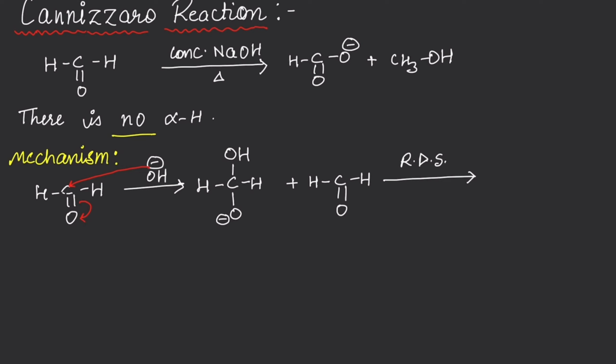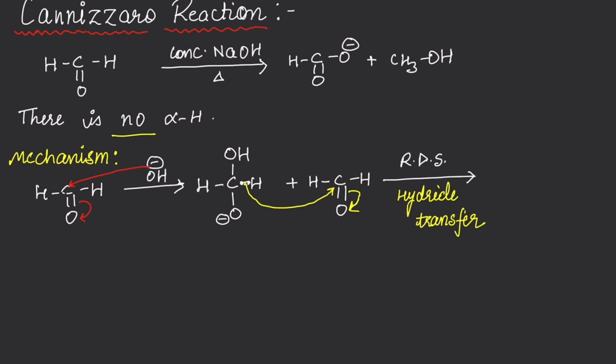And how does this hydride transfer take place? The C=O bond once again shifts according to the electronegativity difference, where oxygen has more electronegativity. Just see what is going to happen. This is the very important step where hydride transfer takes place.